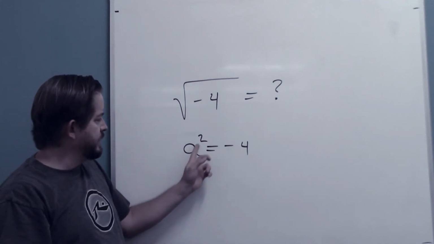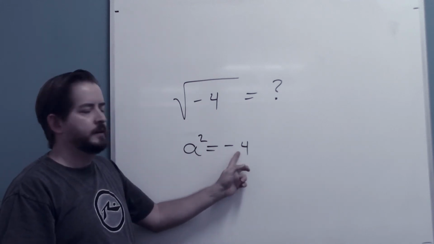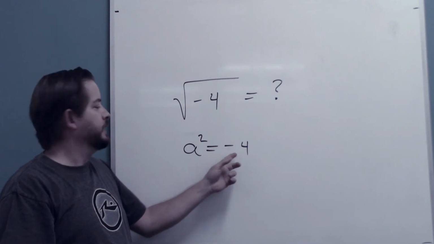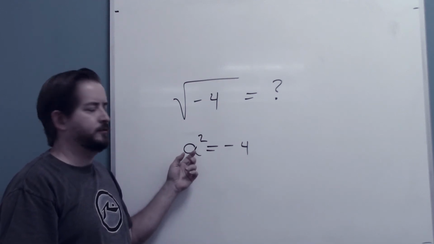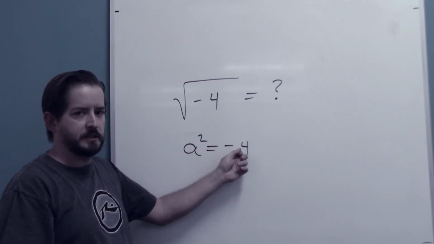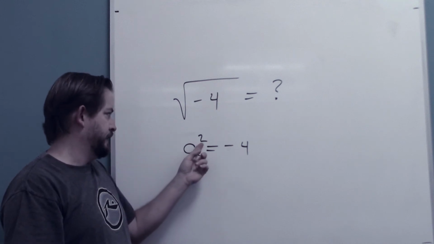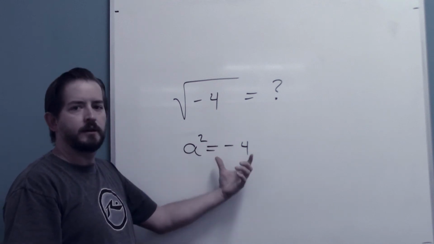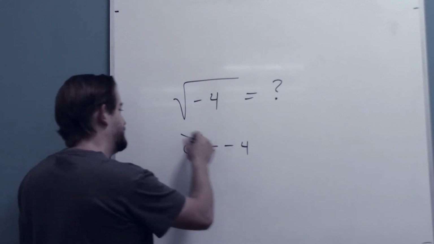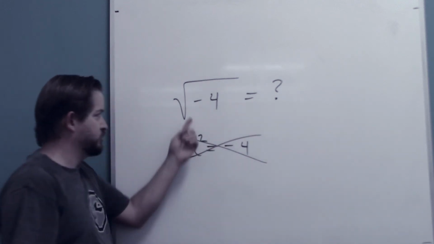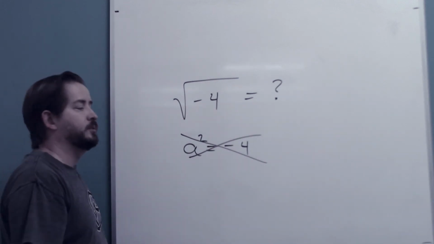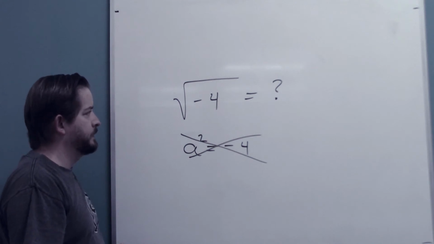And I think you can see if you square any real number, you're not going to get a negative, right? Let's suppose a is some positive number. If I square it, it's still positive. But if a is negative and I square it, a negative number squared is still positive, and so there are no solutions to the square root of a negative number in the real number line, right?